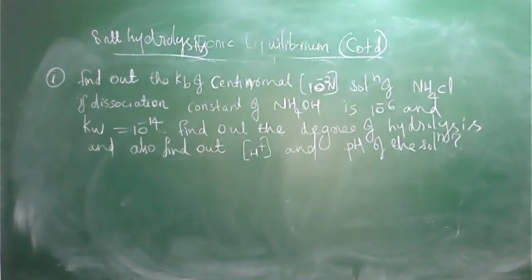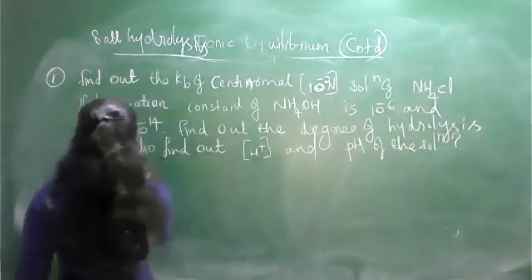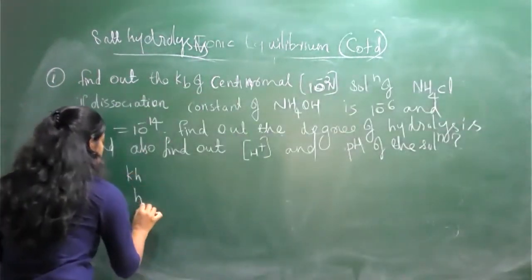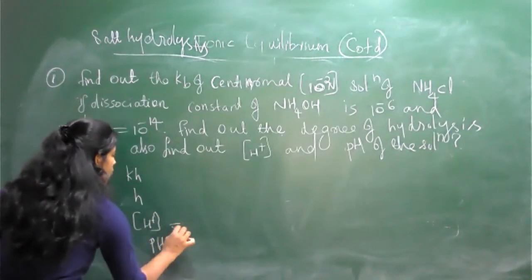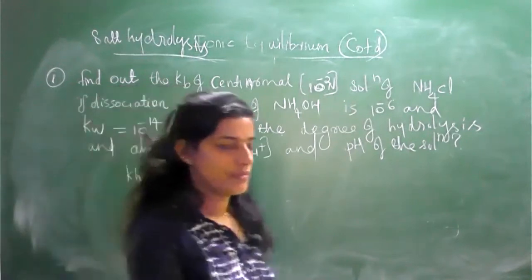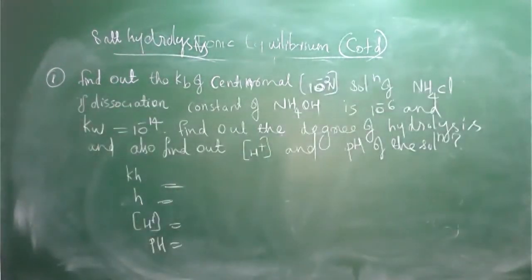You want to find out Kh, H plus and pH. Okay? First Kh find out, H plus ion concentration find out. Finally, you will get the pH value. 4 things. Do it. What type?